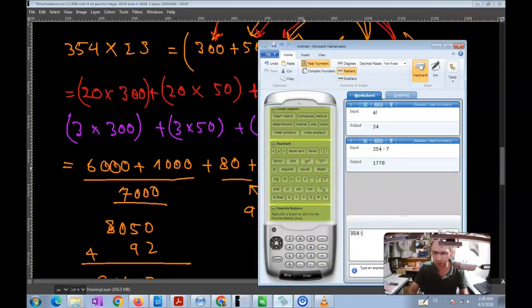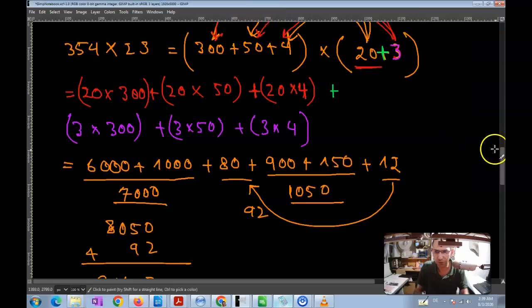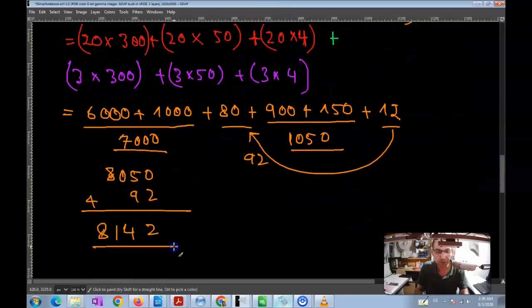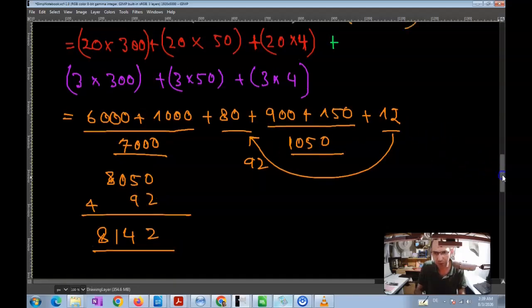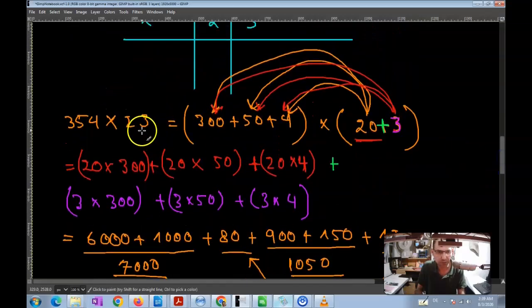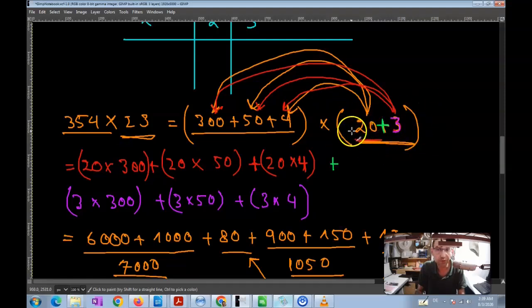354 times 23 is the same thing as 8,142. So what we are about to do is supposed to work, meaning that you take a look at your first number, you expand it, take a look at the second number, you expand it, and then, for example, this number has 2 parts.